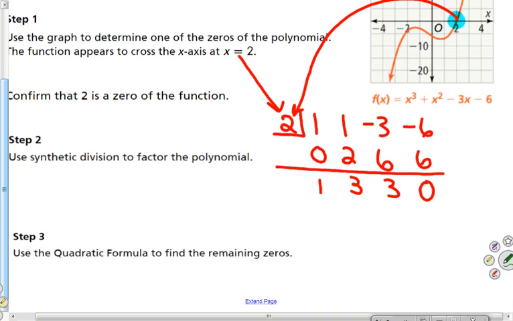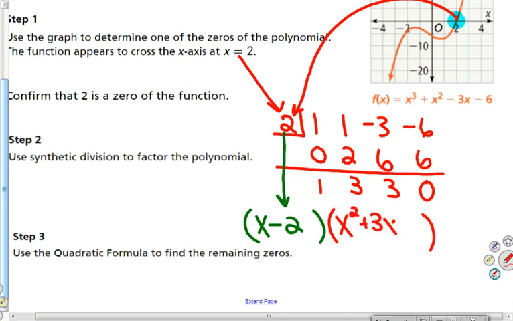Now watch this. Since 2 is an x-intercept, I can factor this into x minus 2 times, what's the other quantity if we ended up with 1, 3, 3 down there? Good.